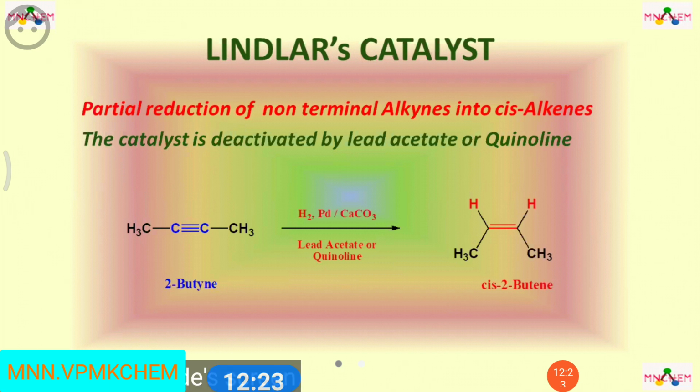Both the hydrogens are added from the same side and we get the cis-alkene selectively as a product. The addition of lead acetate or quinoline deactivates this catalyst so that the cis-2-butene will not be further reduced into alkane. This is how Lindlar's catalyst is used for conversion of alkynes into cis-alkenes.